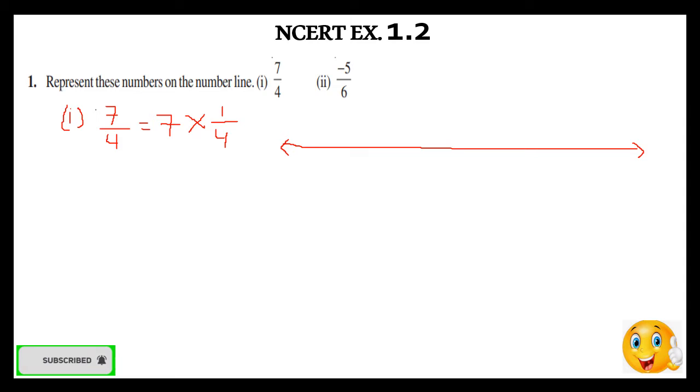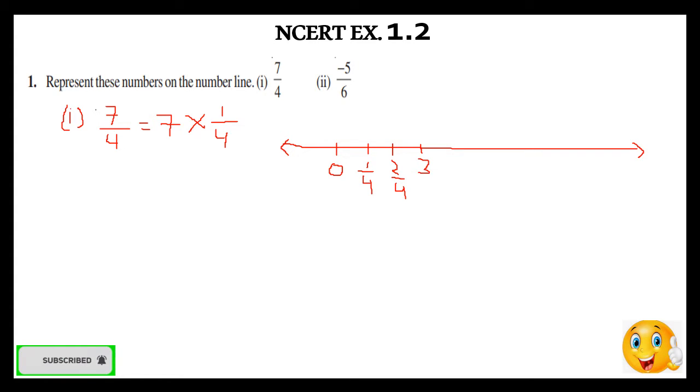we have to take the positive rational number, that is 7 by 4. So we can start 0 from the leftmost side. Then the first part is 1/4. Then second part is 2/4. Then 3/4. And 4 by 4 means 1.